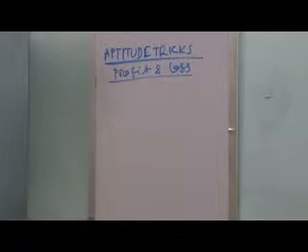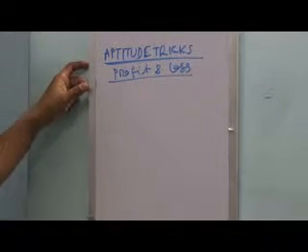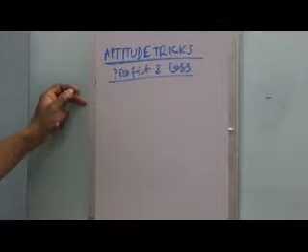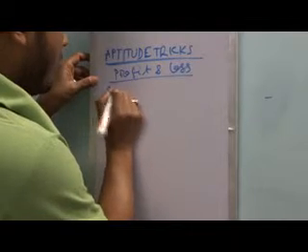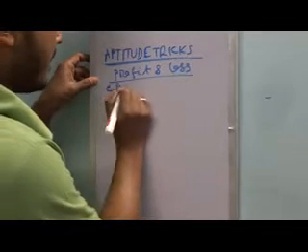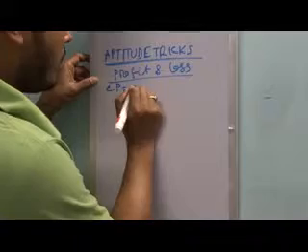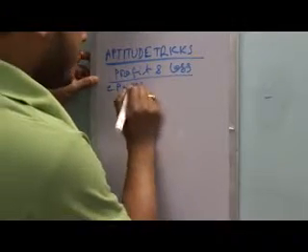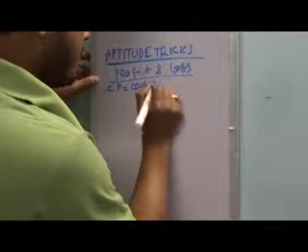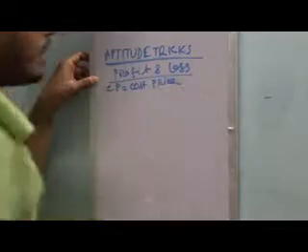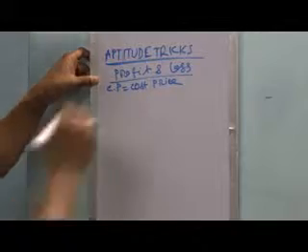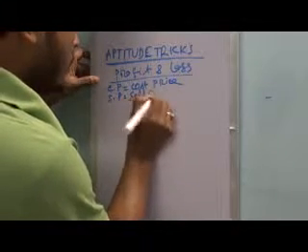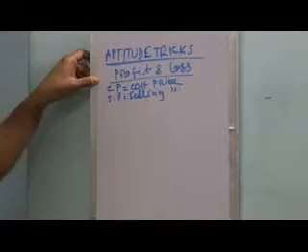Okay, so let's denote some particular terms we have already heard about, that is CP equal to cost price, and SP equal to selling price.